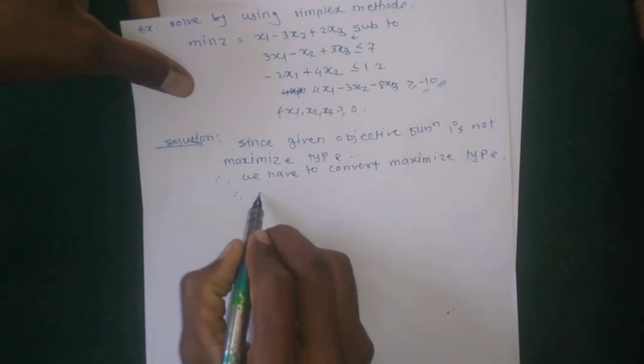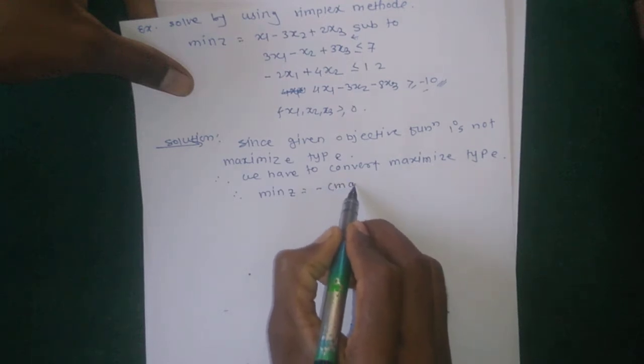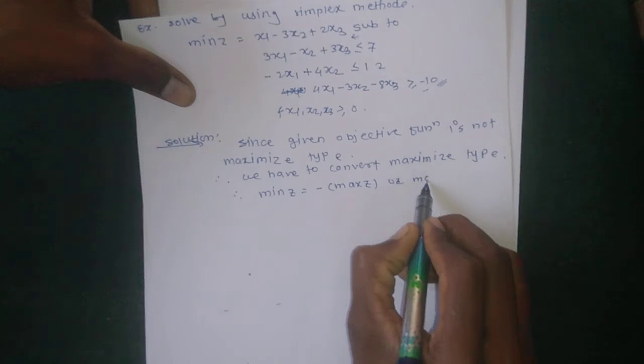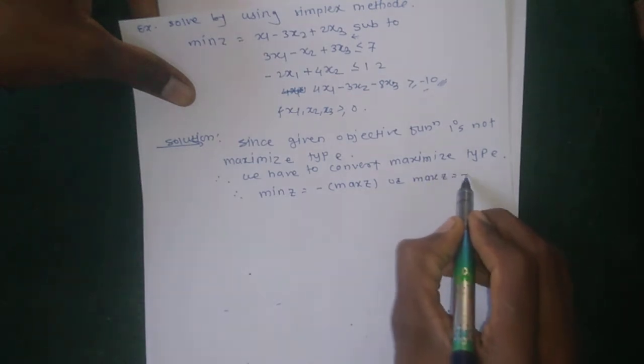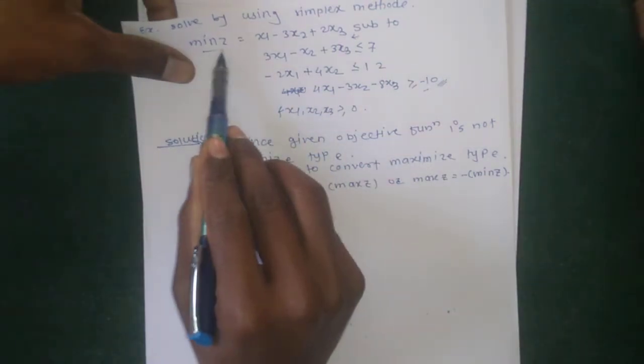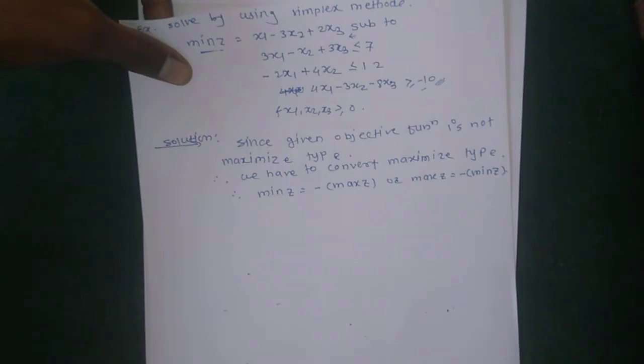How to convert? Minimum z is equal to minus of maximum z, or maximum z is equal to minus of minimum z. So this is a minimized type, so multiply by -1, and we get a maximized type.